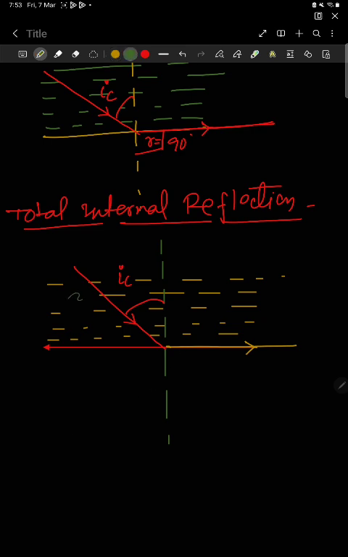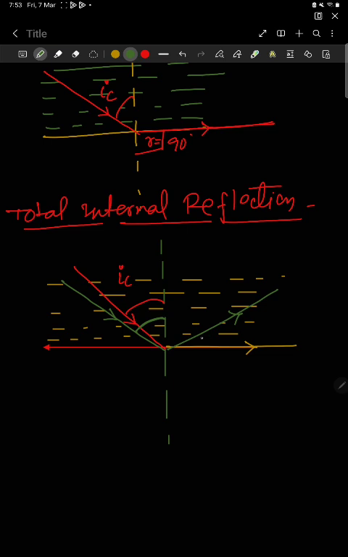Now I have increased the incident angle. Now this one is our new incident angle. In this case I have told you that whenever a light ray falls on a surface at an angle greater than the critical angle, it will show total internal reflection.